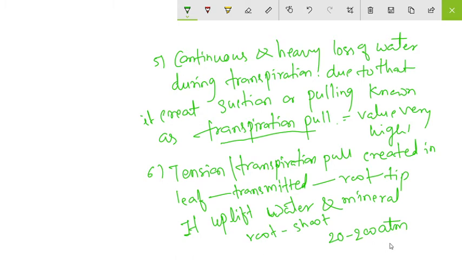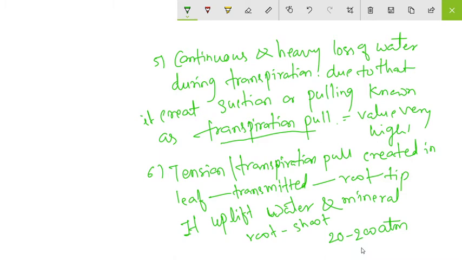That means it has the ability to uplift the water even up to the tallest tree. The force required to conduct water even to the tip of the tallest tree is sufficient here, so the water is easily pulled upward.